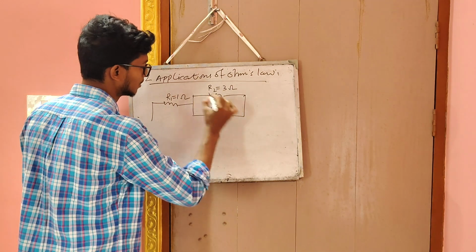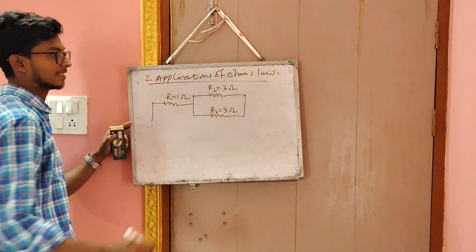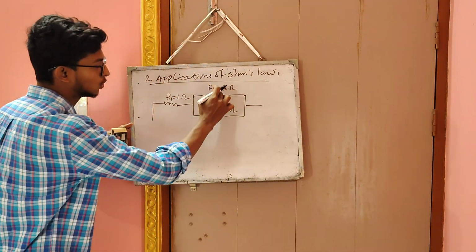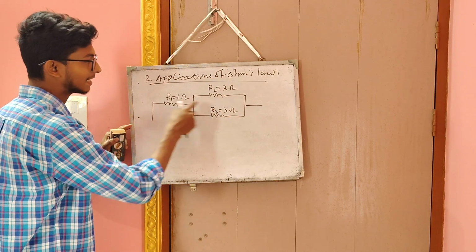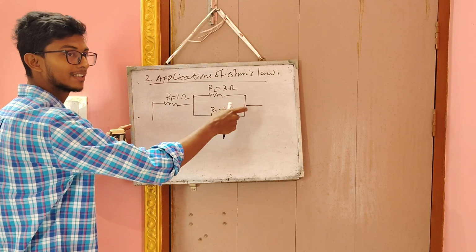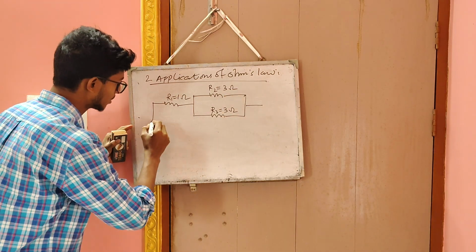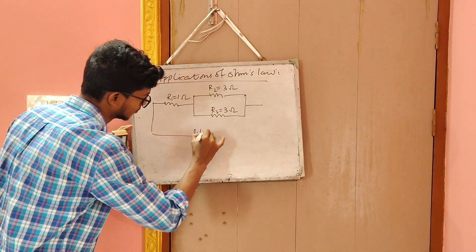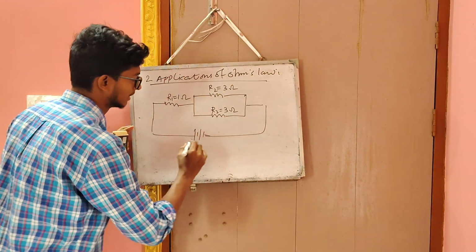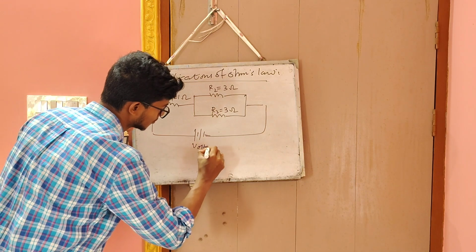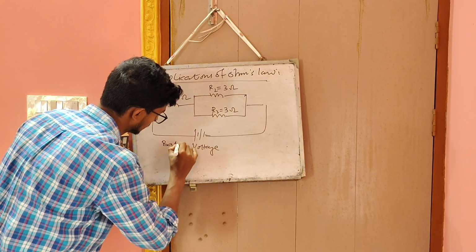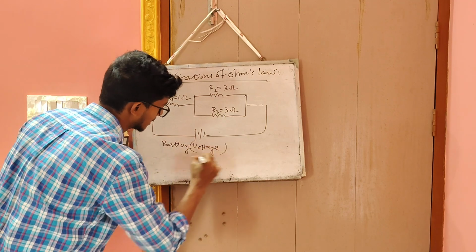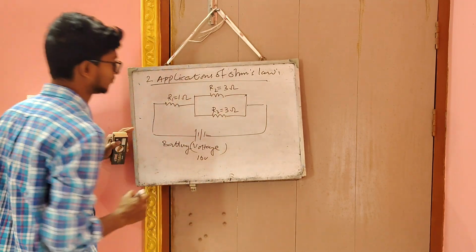This is the symbol of resistance. R2 and R3 are connected in parallel combination, and R1 is connected to the R2 and R3 combination in series. This is the voltage supply battery, that is 10 volt.